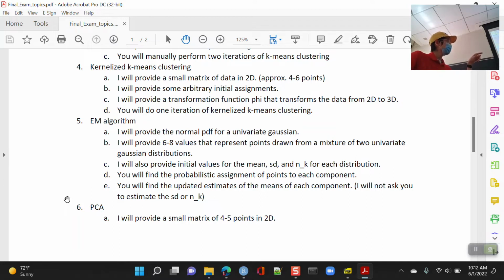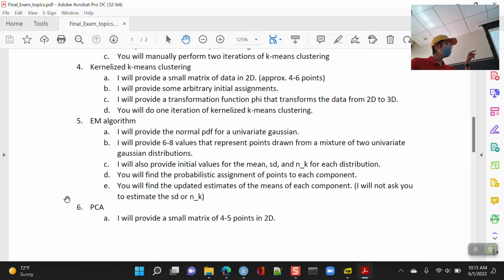So you'll find the probabilistic assignments of points to each component. And you can do a couple shortcuts there, right?